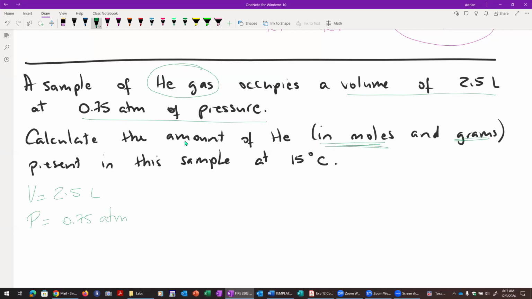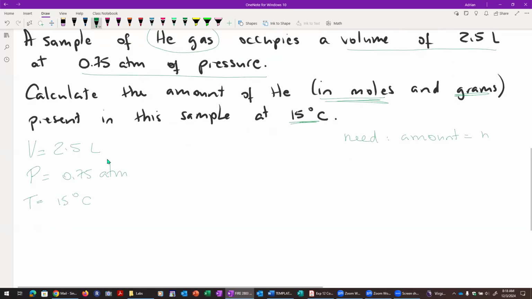So we need amount, okay, which is N in our abbreviations. And then we're also told, even though we're not told it's the temperature, we're given a unit of temperature. So T here is 15 degrees Celsius. And as we know with gases, you want to make sure that you convert this to Kelvin right away.